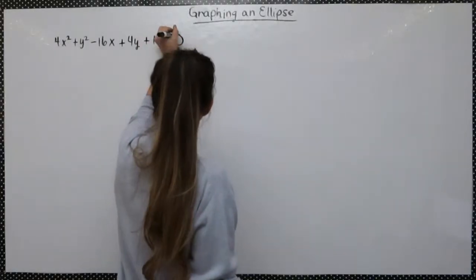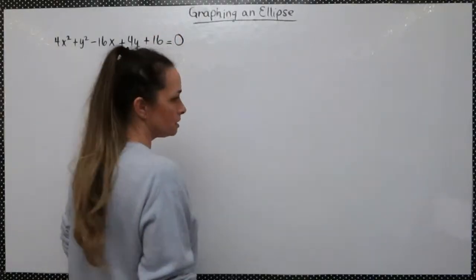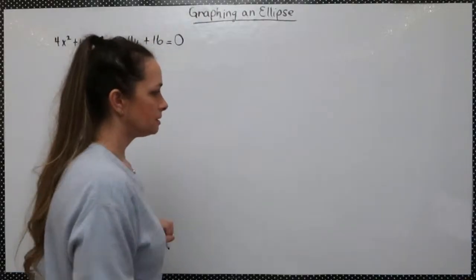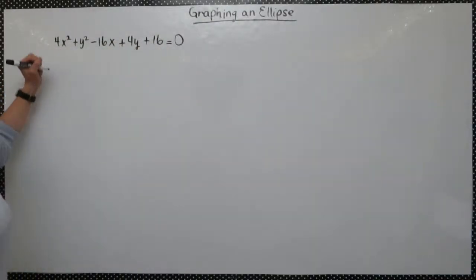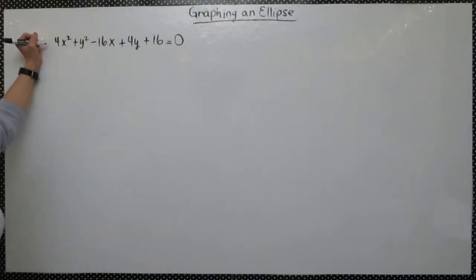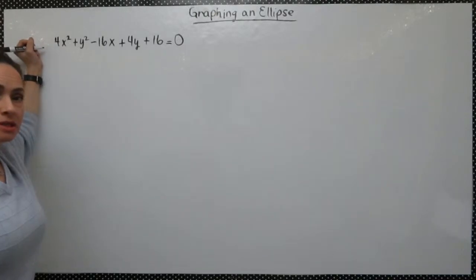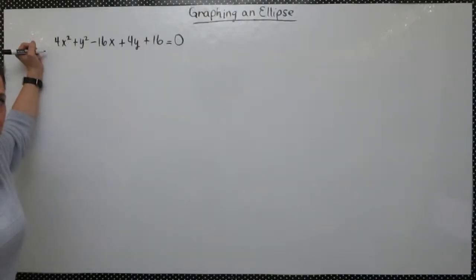All right, so there is theory behind looking at an equation in general form and trying to determine what kind of conic section it is.